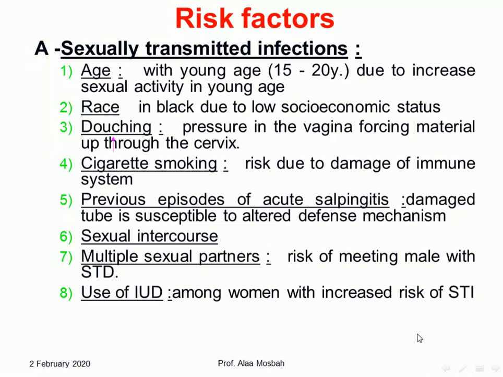Douching, because of pressure in the vagina forcing material up through the cervix. Cigarette smoking, because it decreases the immune system. Previous episodes of acute salpingitis, a damaged tube makes it susceptible due to altered defense mechanism. Sexual intercourse with multiple sexual partners, especially in young age, risk of meeting a male with a sexually transmitted disease. Use of IUD among women with increased risk of sexually transmitted infection.